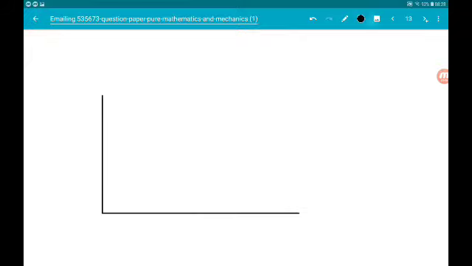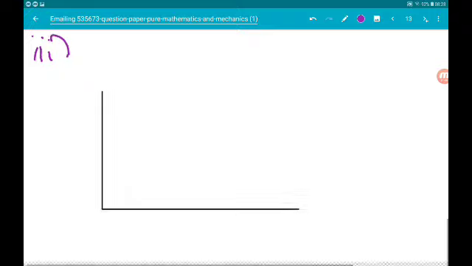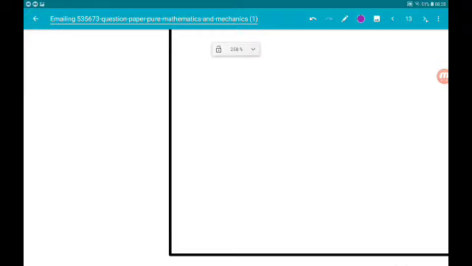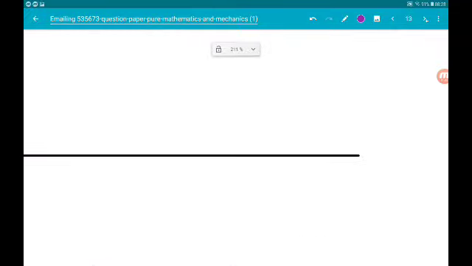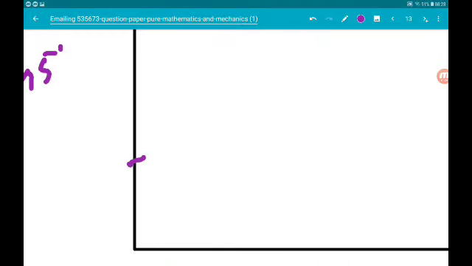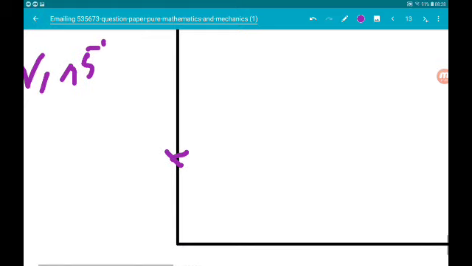Okay, so we know that u is equal to 5 meters per second. So if we got velocity here in meters per second, and along the bottom we got time in seconds, then we know initially the car has a speed or a velocity of 5.